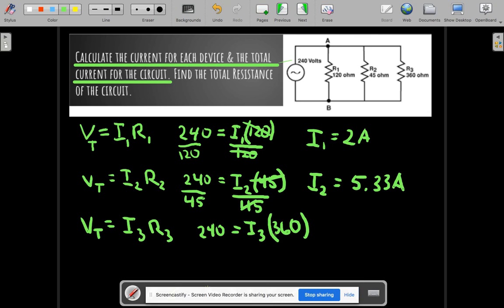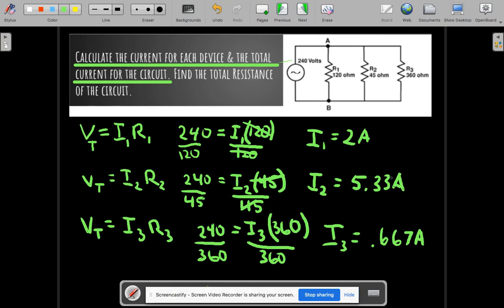Now we divide both sides by 360. We take 240 divided by 360, and our I3 is going to be equal to 0.667 amps. This is going to continue 0.6666666 and so on, just like this is 5.333333.